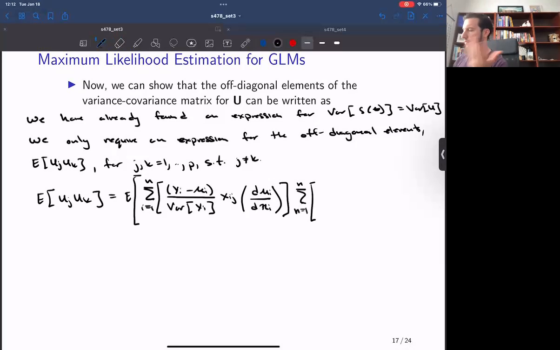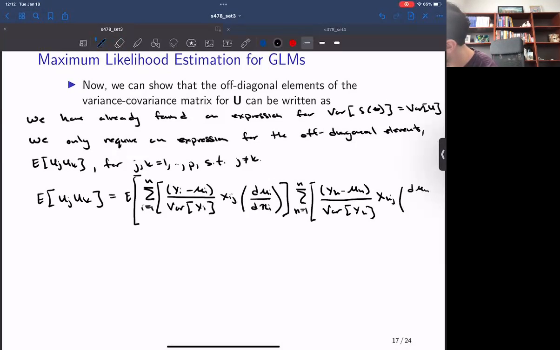The sum from h equals 1 to n of (yh minus mu h) over the variance of yh, xhk, d mu h over d eta h. Okay, I think I got everything.